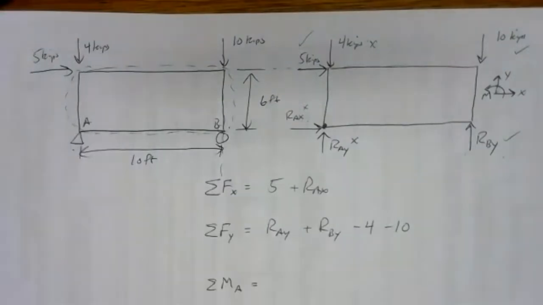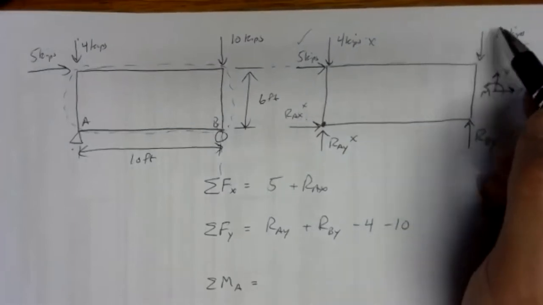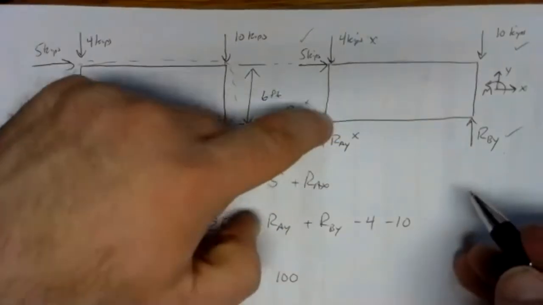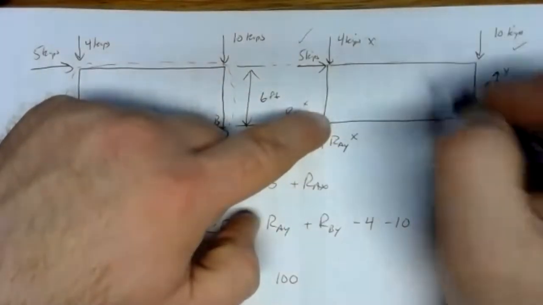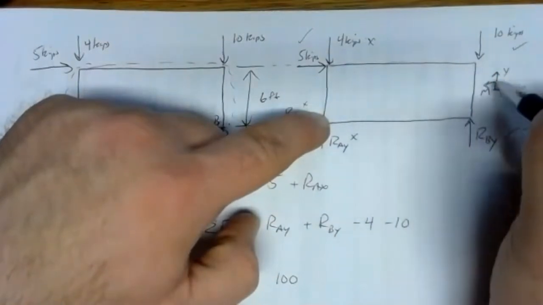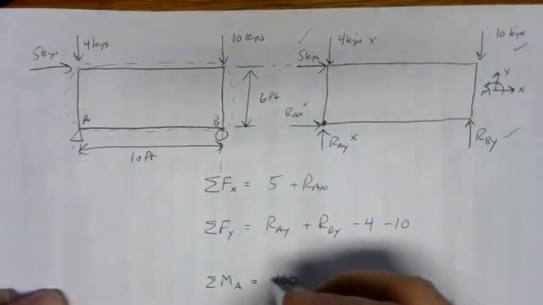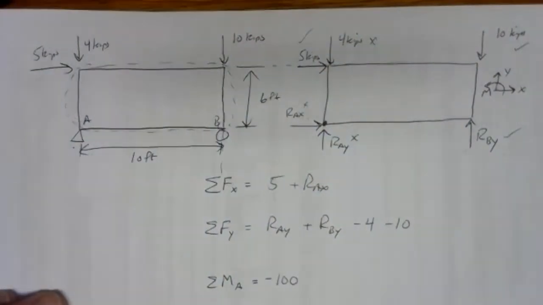Well, the closest it ever gets is 10 feet. So that's its arm. So we have 10 feet times 10 kips, that's 100 kip feet. If we're pinned at A and we push down over here, that should generate a clockwise moment, and clockwise moments according to our coordinate system are negative. So that's negative 100 kip feet.